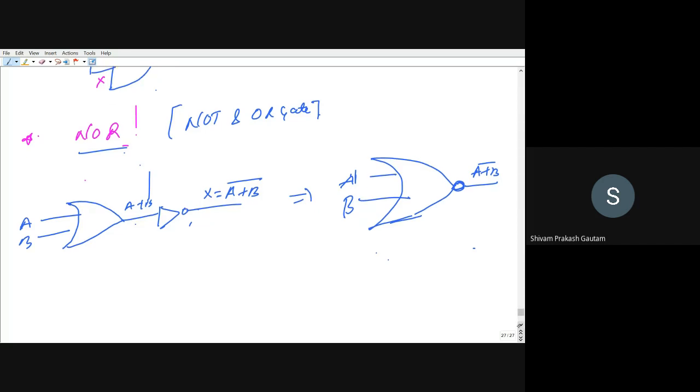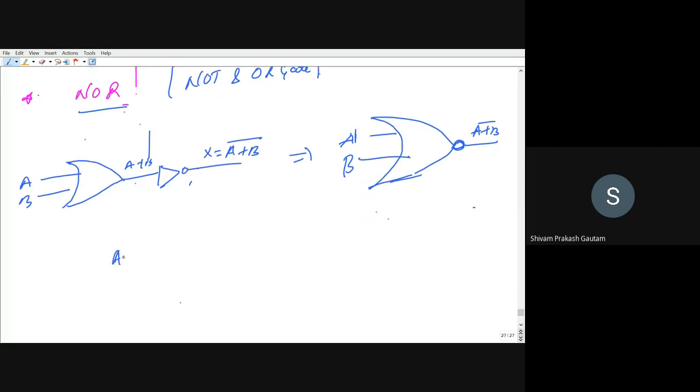If I want to make its truth table: A, B, the intermediate state will be A plus B, and the last one will be A plus B whole bar.